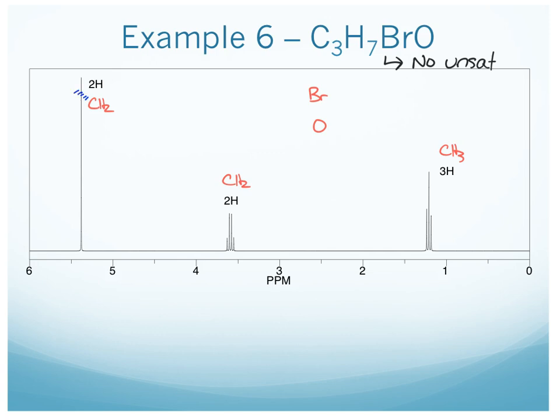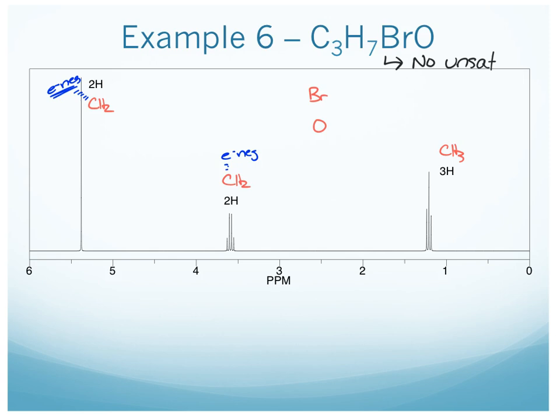So this must just be connected to something very electronegative, or a couple of electronegative things to pull it down that far. The CH2 at 3.5, it's not as far downfield as the one at 5.5, but there's still something probably electronegative attached to that. Okay, let's use this information and see what we can connect together.